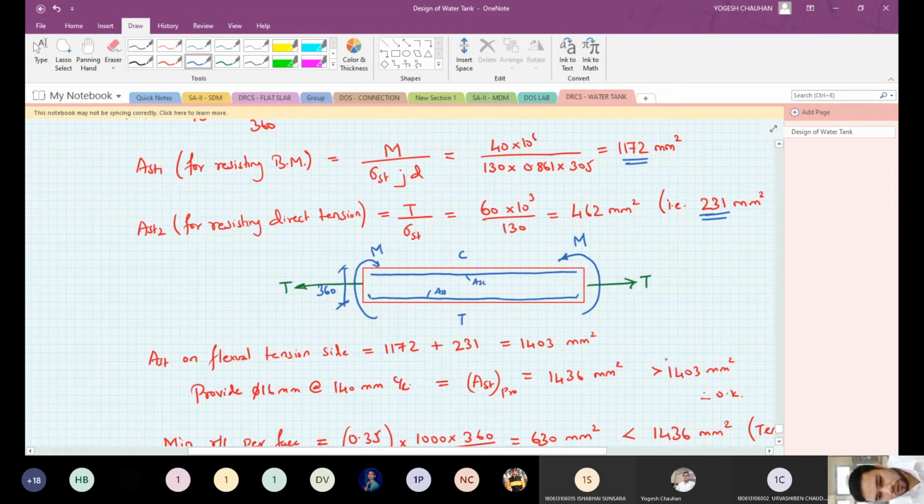Now we also have to provide the distribution bars. So distribution bars will be based on the minimum steel requirement.